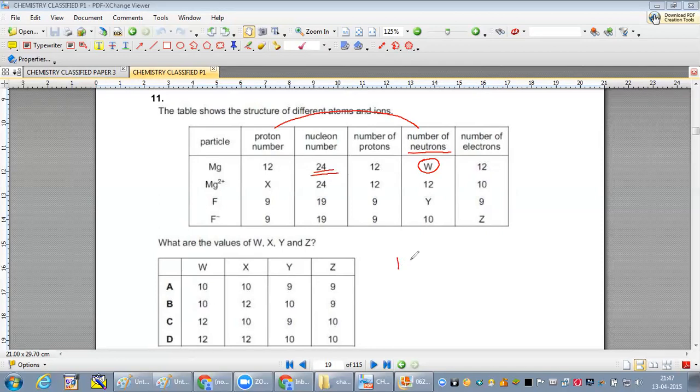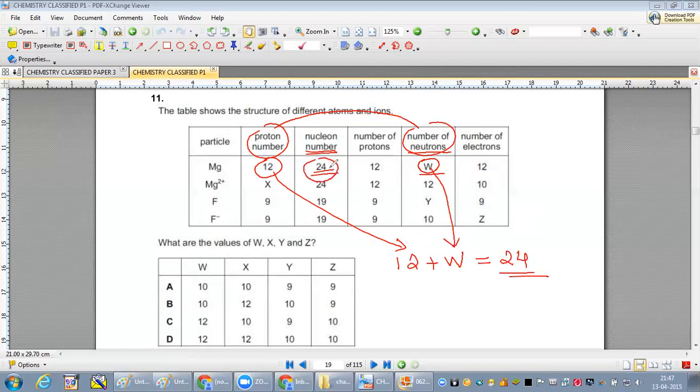It means 12 protons plus W neutrons is equal to 24. So from this, I'm going to get the value of W as 12.